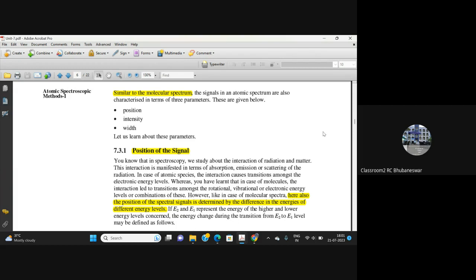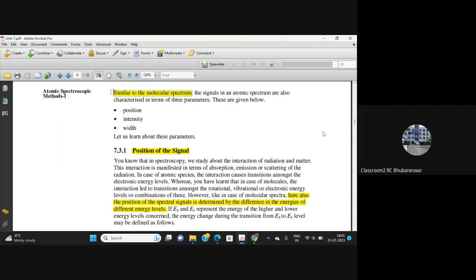You do that by seeing whether the position is shifting or not, whether the intensity is changing or not. I was telling you in the previous class that when you are using solvents, if you are increasing the polarity, then the emission maximum changes towards longer wavelength, to the right. So in that way, you can predict what is happening to the system.